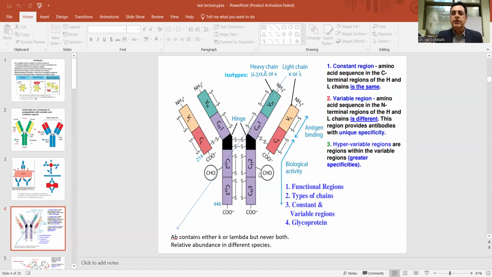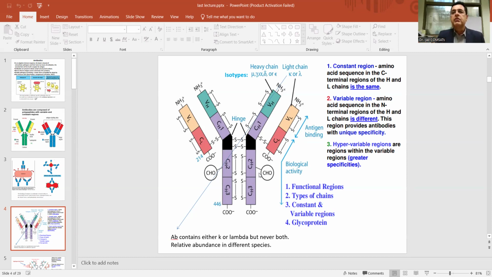There are other differences with reference to the affinity of different types of antibodies, that is, which one is more suitable or better to bind with a particular type of antigen, or it binds with the antigen with increasing strength if certain mutations take place and increase the binding capacity of the antibody.